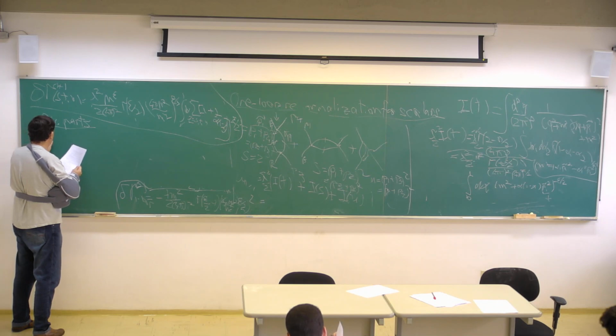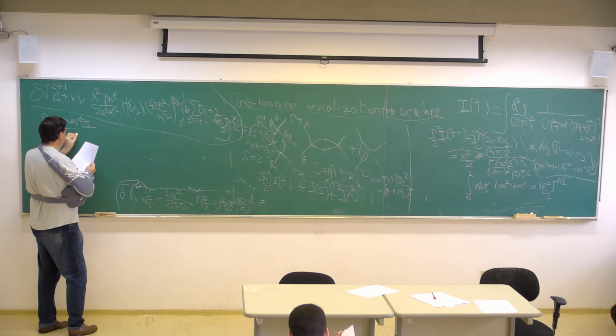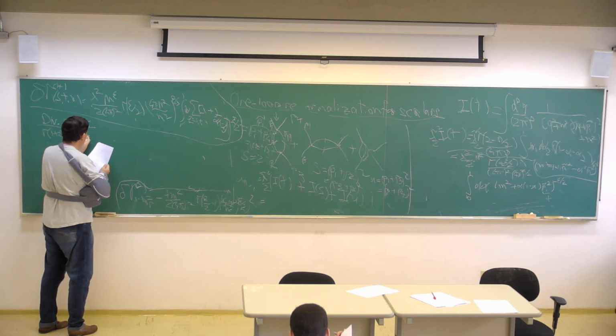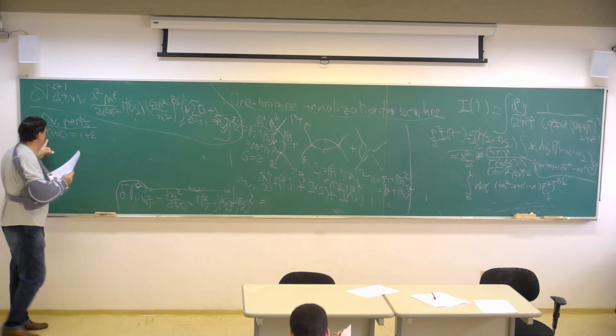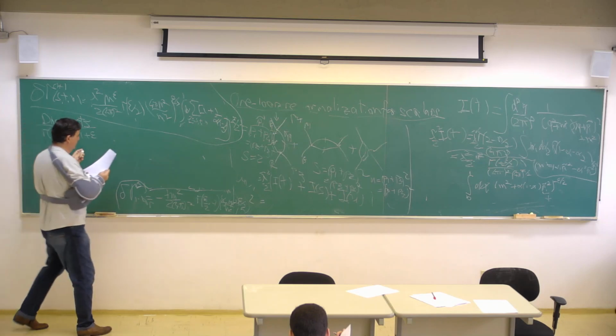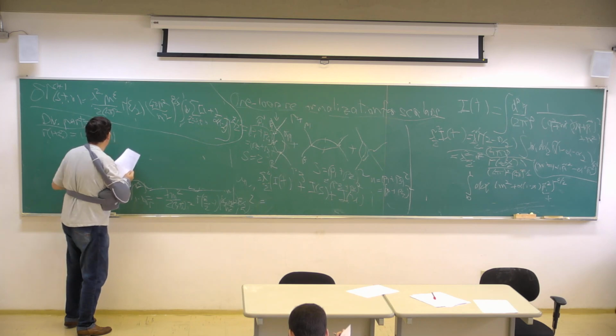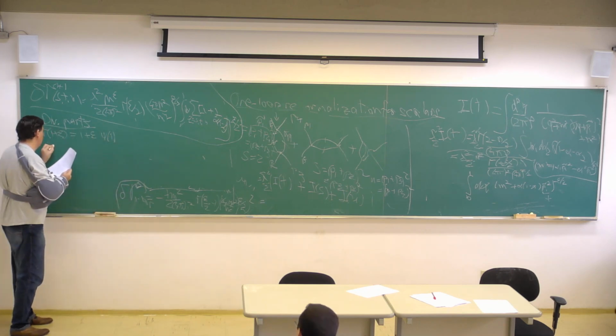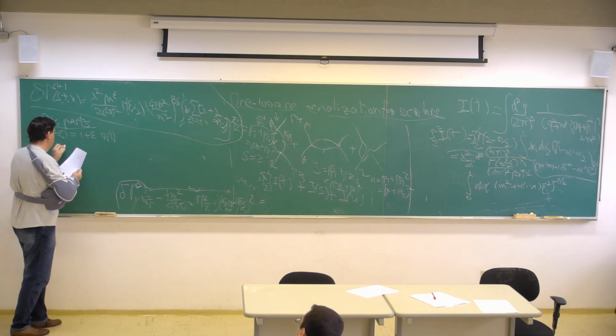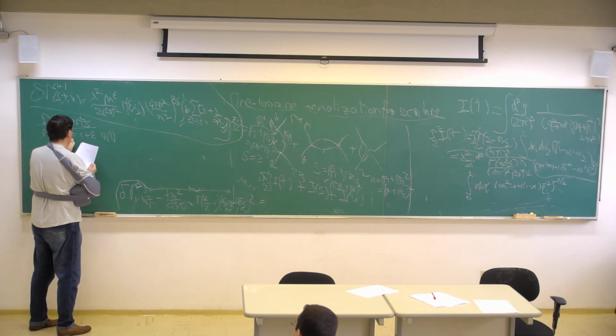The one definition that I need is that one usually says that gamma of 1 plus epsilon is 1 plus epsilon psi of 1. So psi is actually d gamma dz.